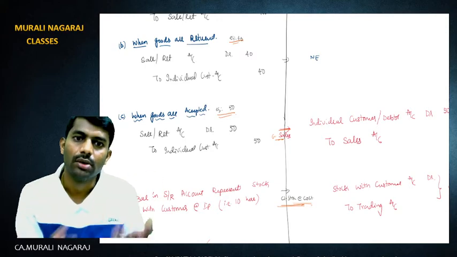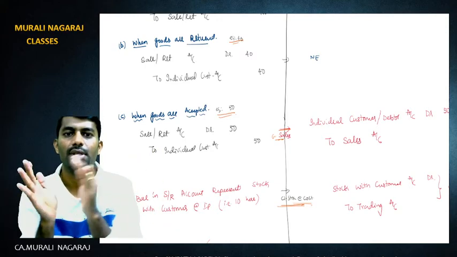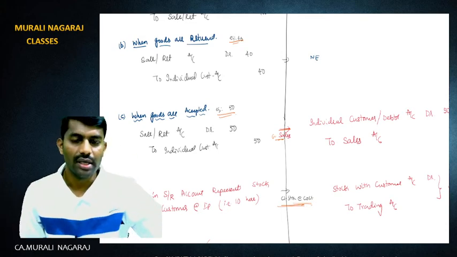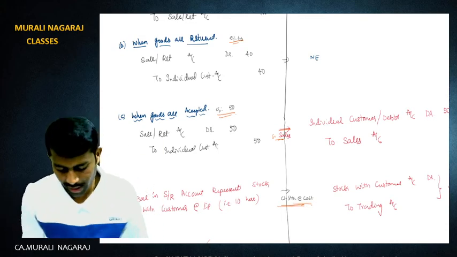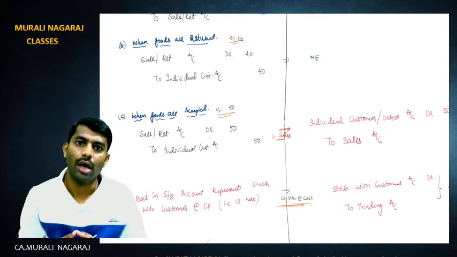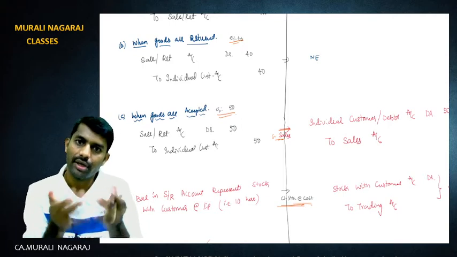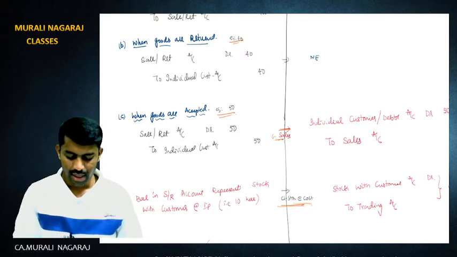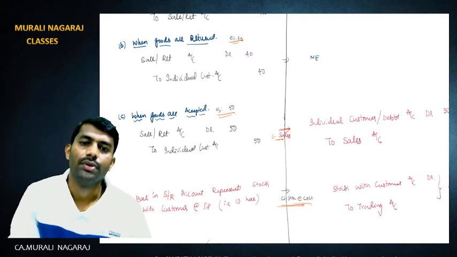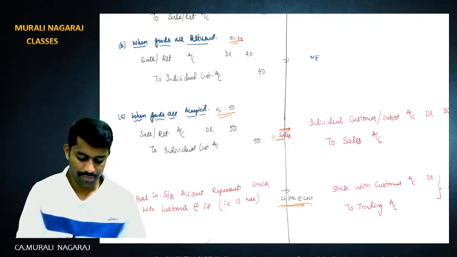Since he has accepted the goods, I cancel in the memorandum books, and in the real books of accounts I pass the entry. The memorandum entry is the same as for goods returned: sale or return account debit to individual customer account, 50.